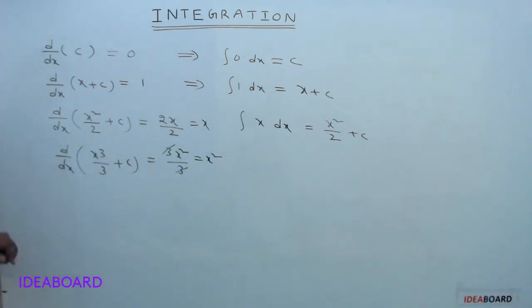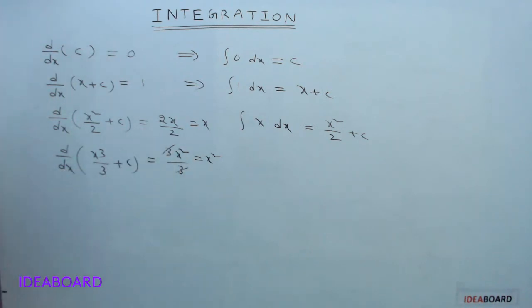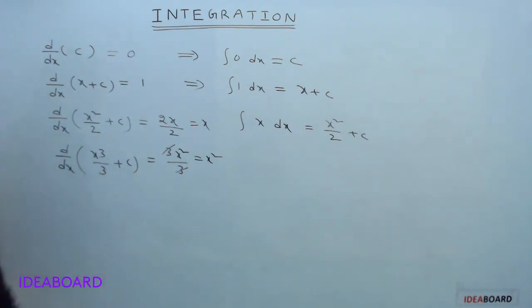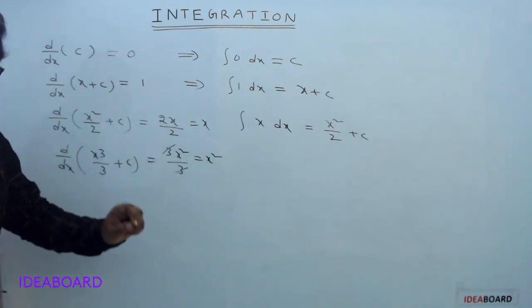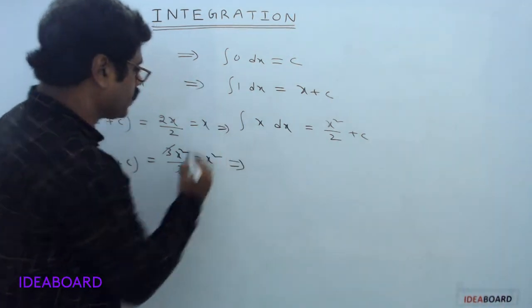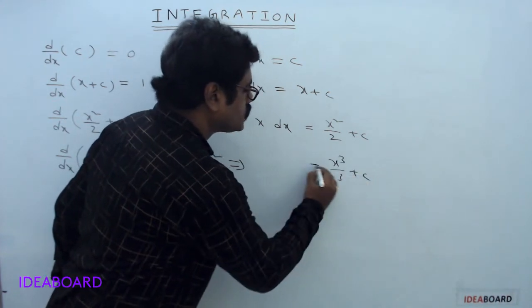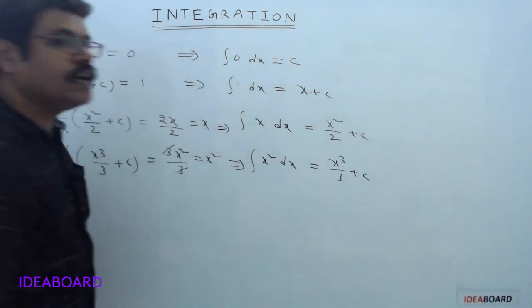If derivative of x cube by 3 plus c equals x square, then x cube by 3 plus c is called integral of a function x square with respect to x, and it can be written as x cube by 3 plus c equals integral x square dx.